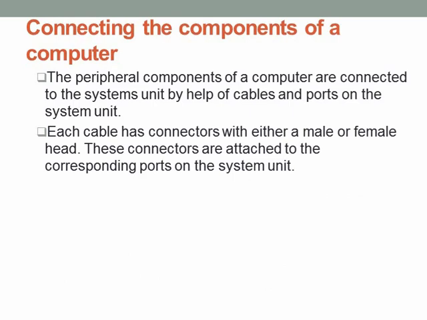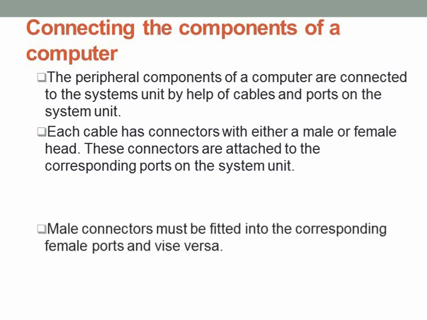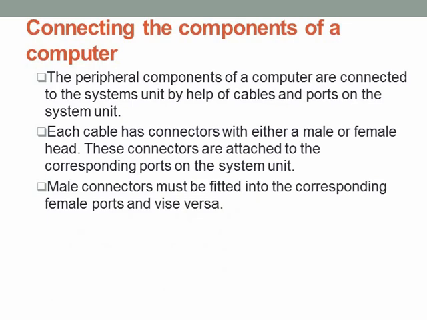I'm going to show you this when we come to connecting it practically. The male connectors have pins which fit into the corresponding female ports. The female ports have holes, so they go either way. The male connector connects to the female port, and the female connector connects to the male port. So that's that.